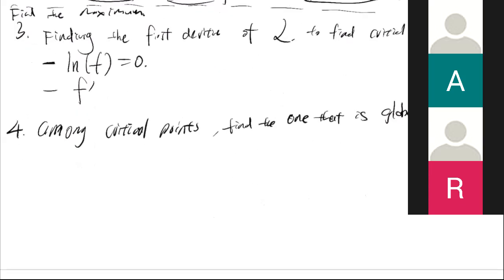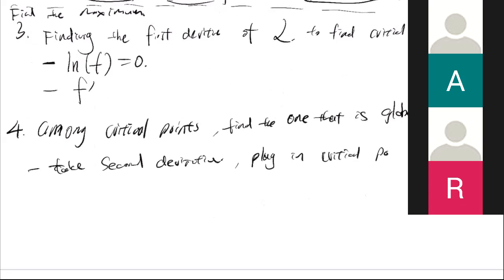So how do you do that? The approach here is you take the second derivative and plug in the critical points. There can be multiple critical points.